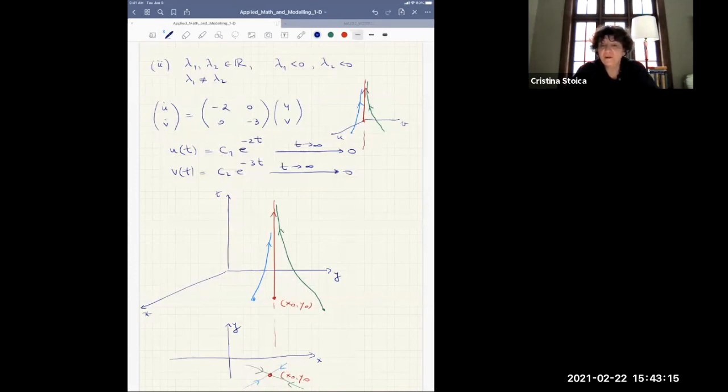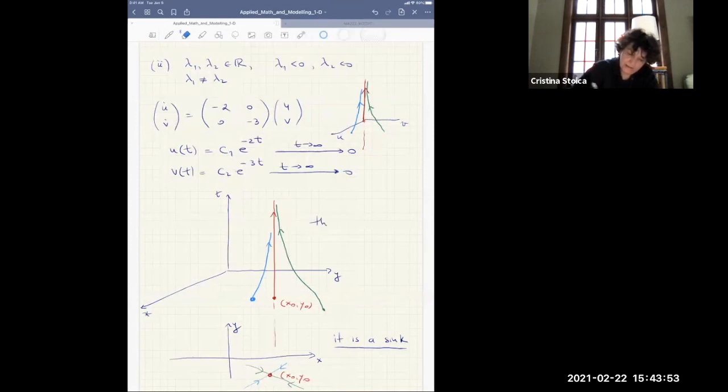And it's stable or unstable? Does it fly away when it starts close, or does it get closer to that equilibrium? So this is a stable equilibrium.